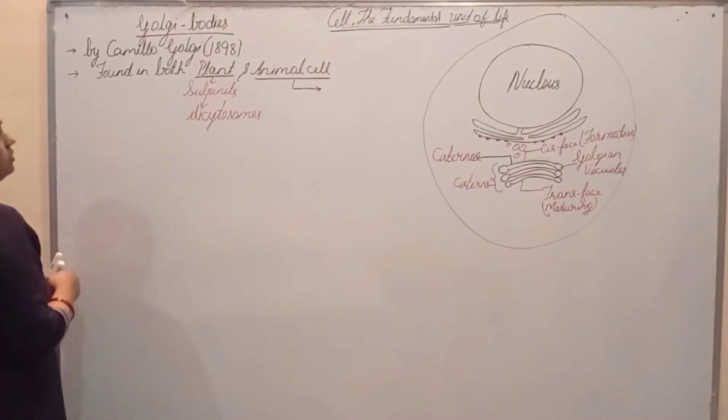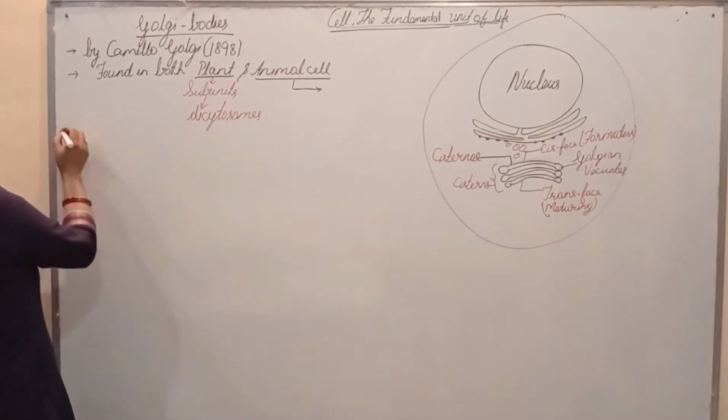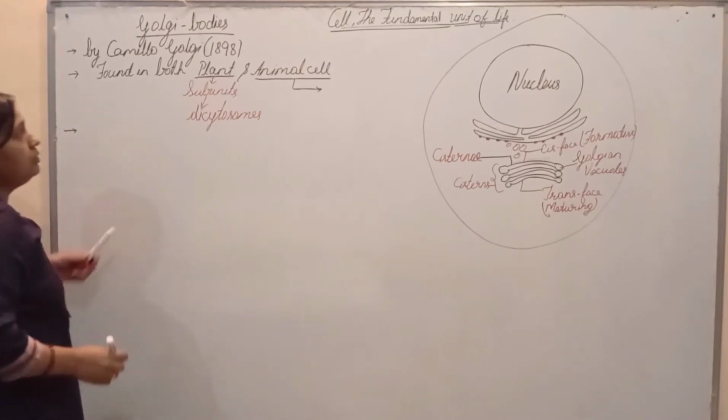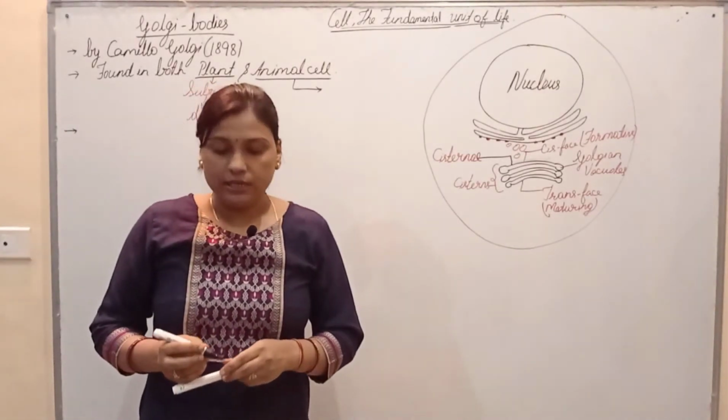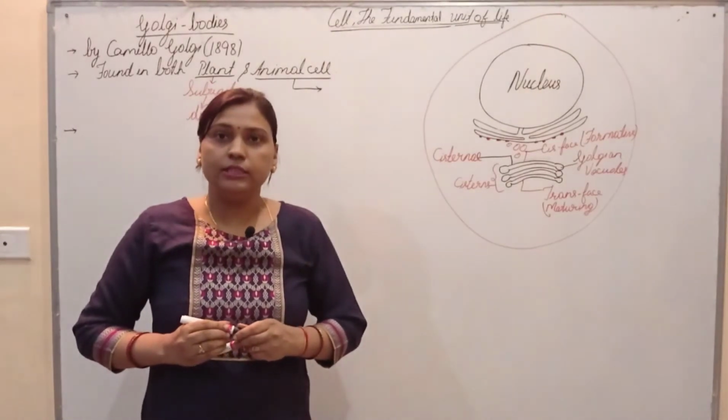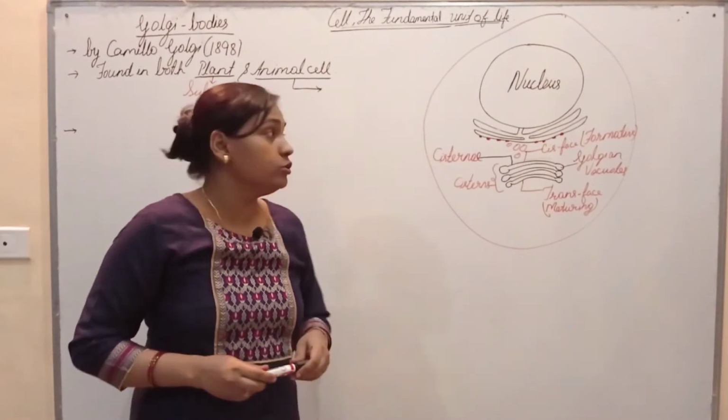So this is the point for the Golgi body: in plant cells it is found as subunits called dictyosomes.